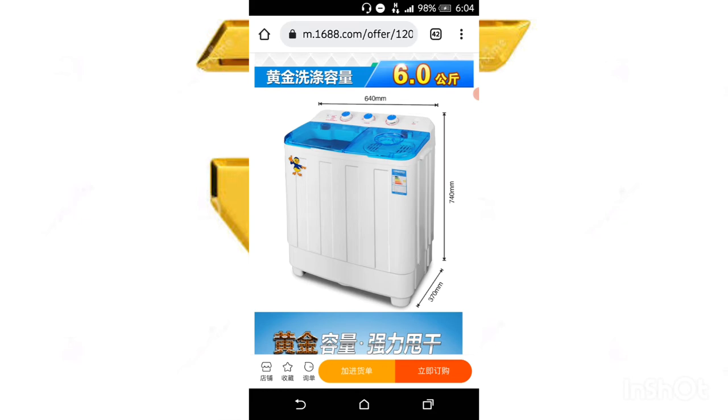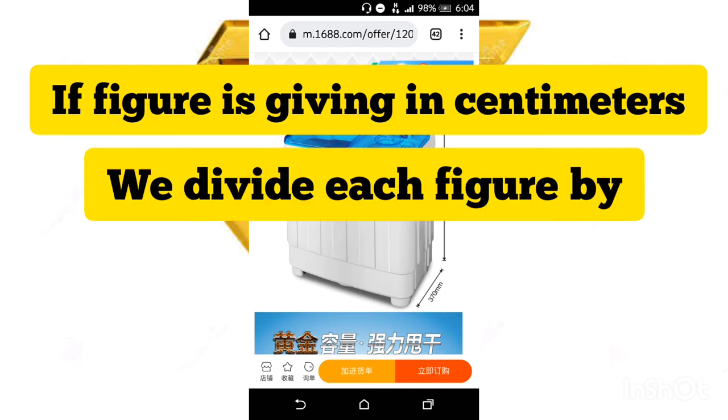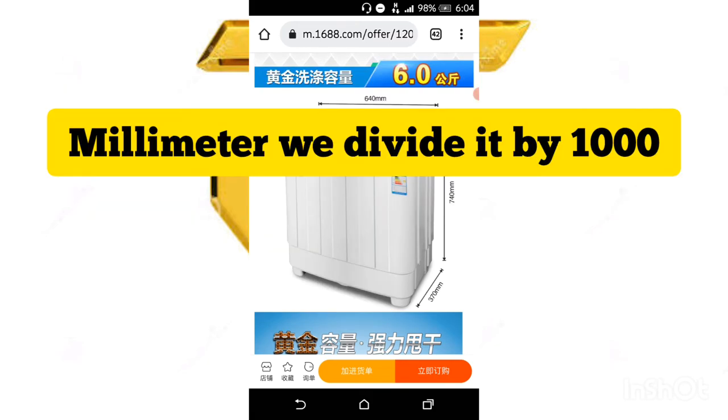So I will pick these figures one by one and take them to Google. If it is in centimeter, I have to divide it by 100, but now it is in millimeter, so I will divide it by 1000.